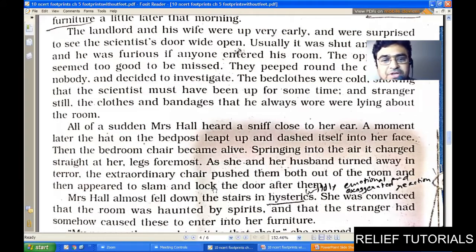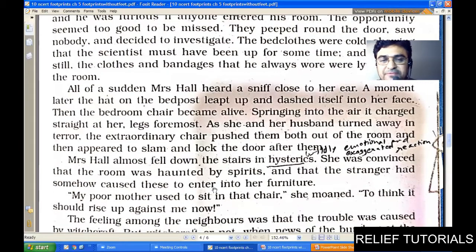All of a sudden Mrs. Hall heard a sniff close to her. A moment later the hat on the bedpost leapt up and dashed itself into her face. All the stuff was moving by itself, automatically. No one could be seen doing it. Then the bedroom chair became alive. The chair was lifted up by the scientist but he was not seen. Only the chair was moving.